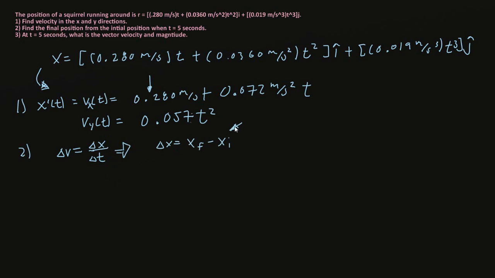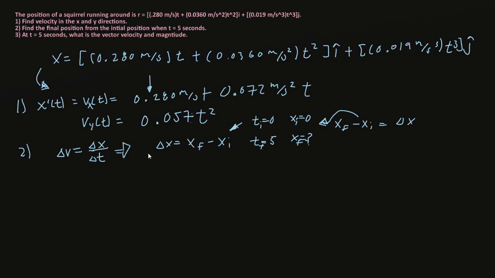We know x initial: when t is 0, x is 0, it's starting from the beginning, not really moving. But we want to find when t is 5, which is the final t. So x final minus x initial will give us the change.